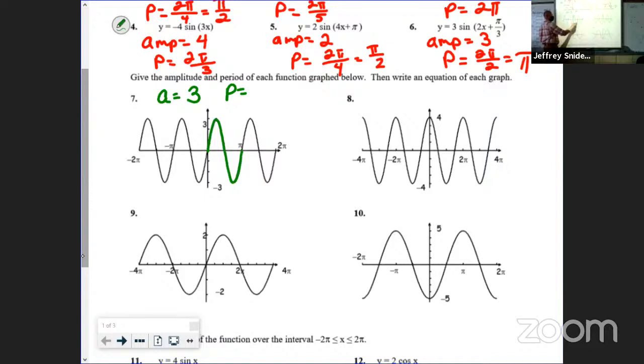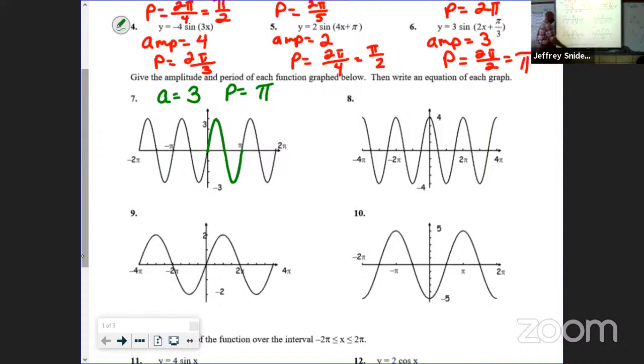This is one cycle of which curve? Sine curve. It starts at 0, ends at pi. That means the period is pi radians. We're going to come back to the next part in the section. I'm just going to get the amplitude and period to start.